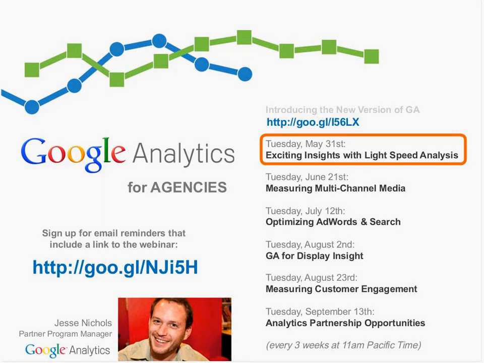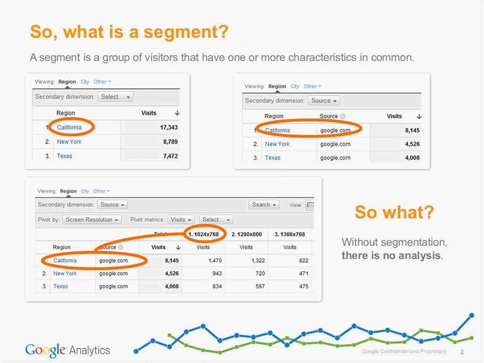We're reviewing just what a segment is: a group of visitors within your data that have one or more characteristics in common. You can see an example in the upper left. The characteristic is region, and the one that we are identifying as an individual segment is California.